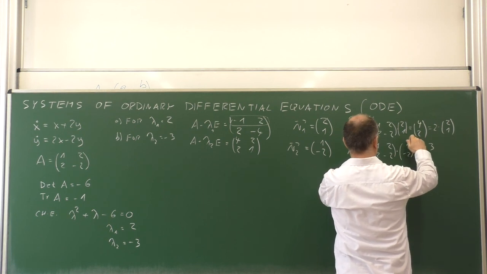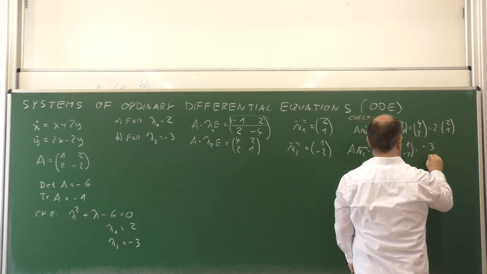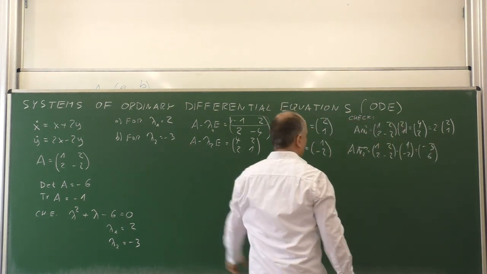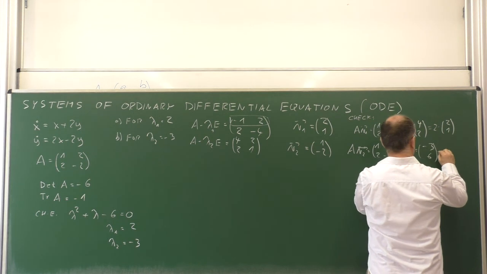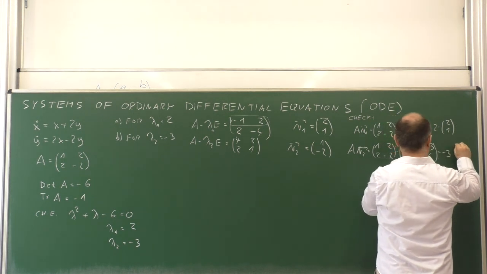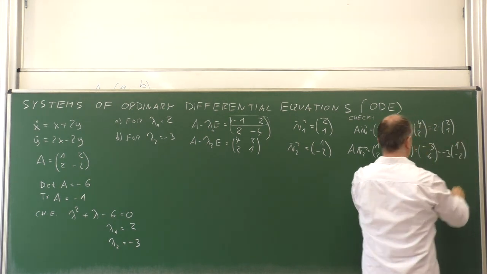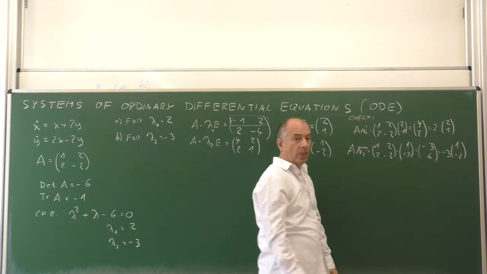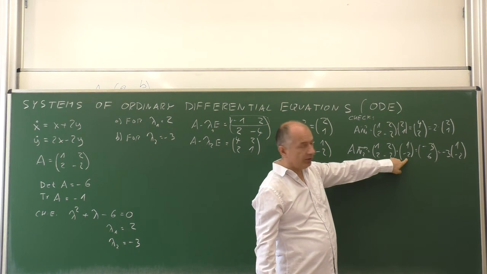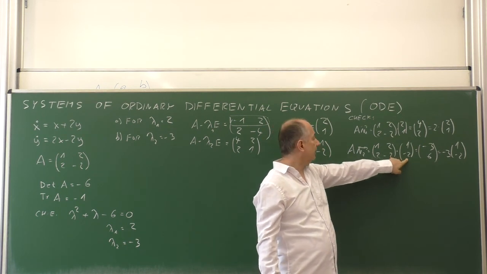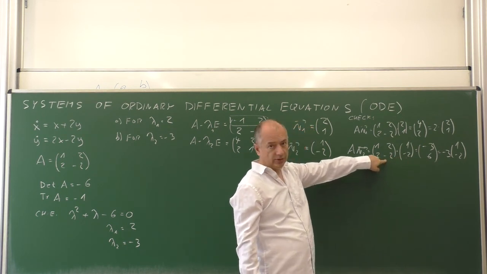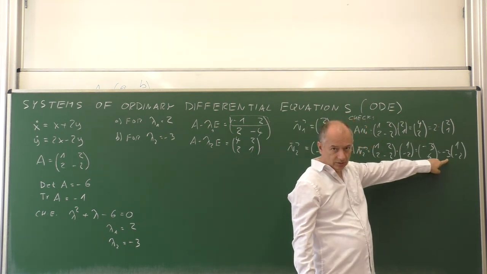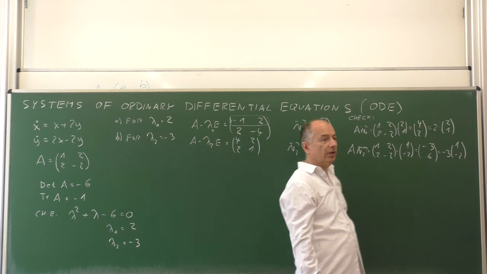2 plus 4 is 6, and this is indeed minus 3 times this vector itself. Minus 3 plus 6, yes. So once again, you see this vector 1, minus 2 has the property that if you multiply the vector by this matrix, or if you multiply the same vector by the number minus 3, you get the same result.